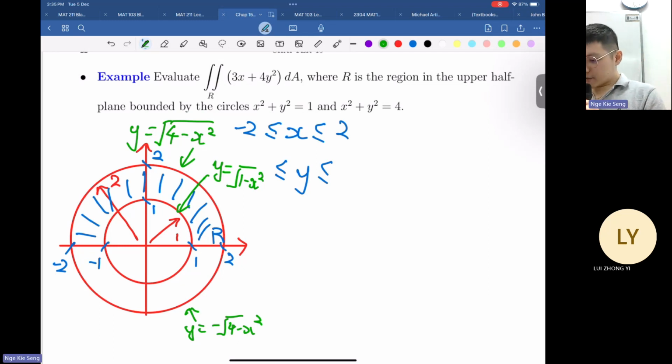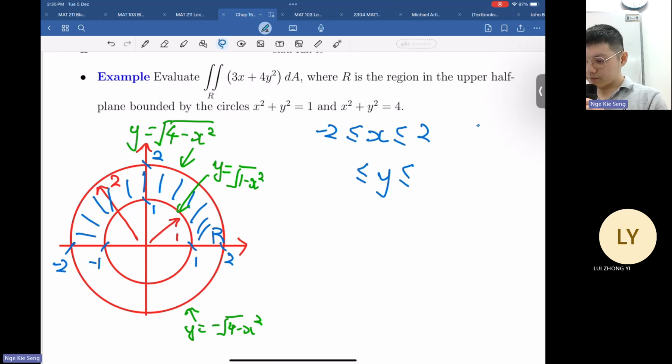All right. So how should I determine my y here? My x is going all the way from -2 to 2, but how do I find this line? Y is going from where to where?